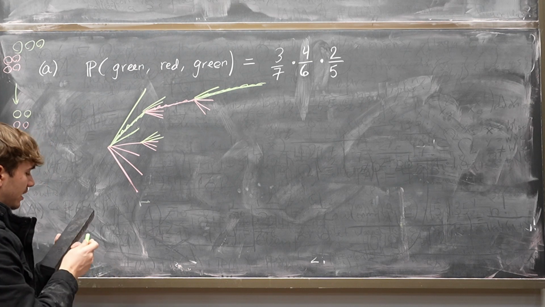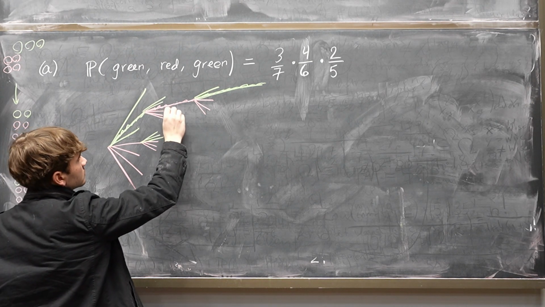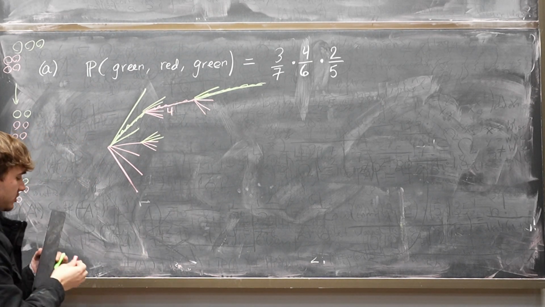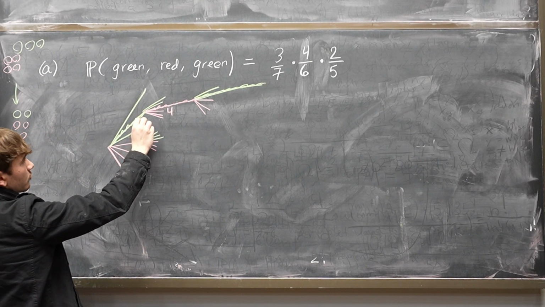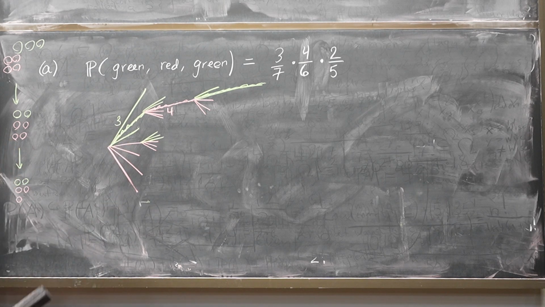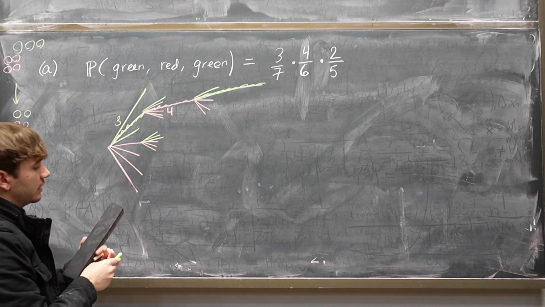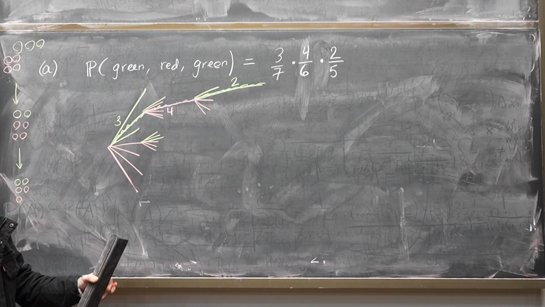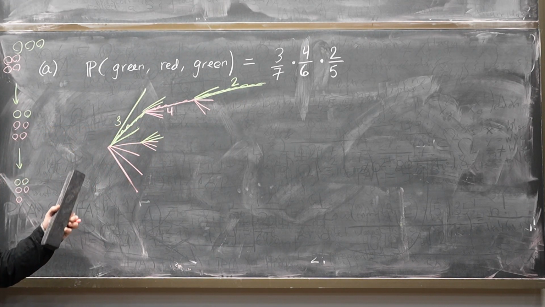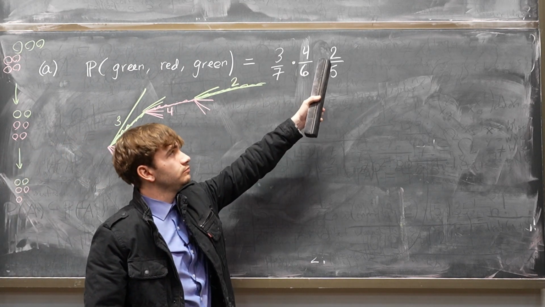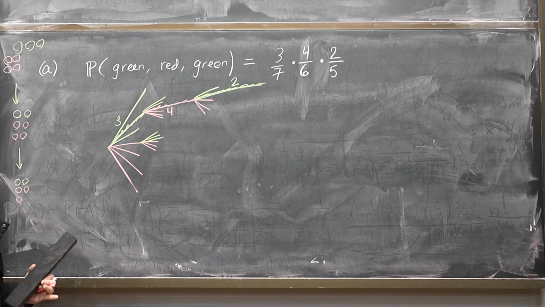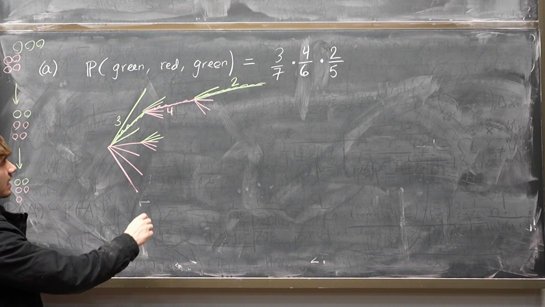So we can see that basically this right here, this is 4 red branches. I have a splitting of 3 green branches, which I care about, and then finally splitting of 2 green branches at the final step. And so this is where the 3, 4, and 2 are coming from in the multiplication of the numerator.